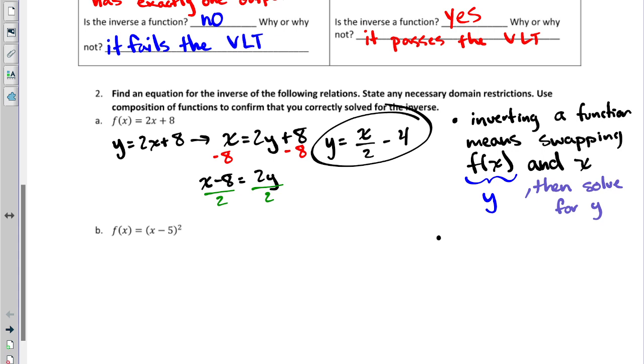If we want to check using composition of functions whether two functions are inverses, here's how we do it.